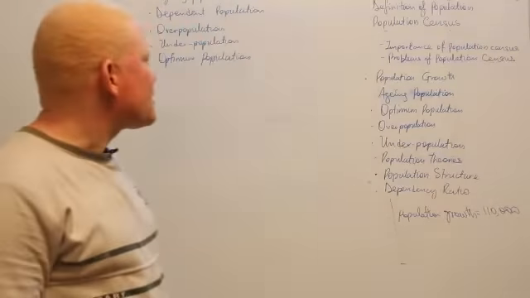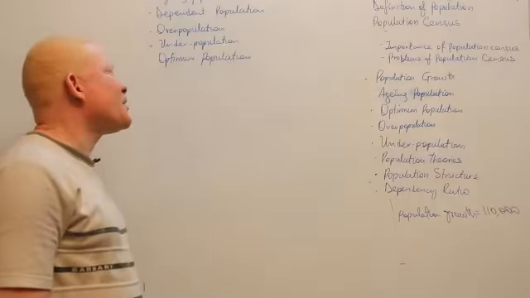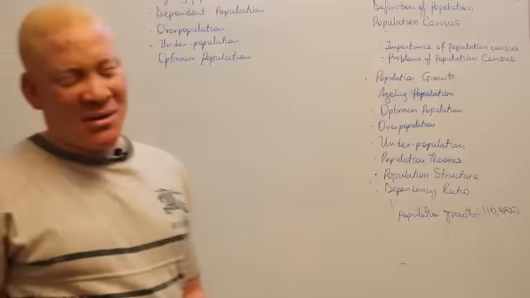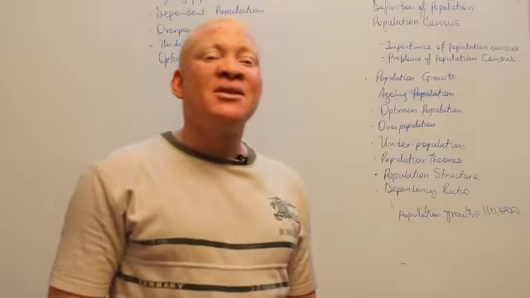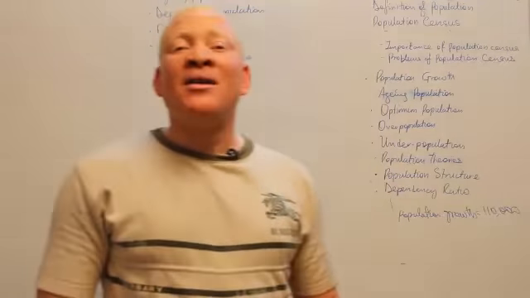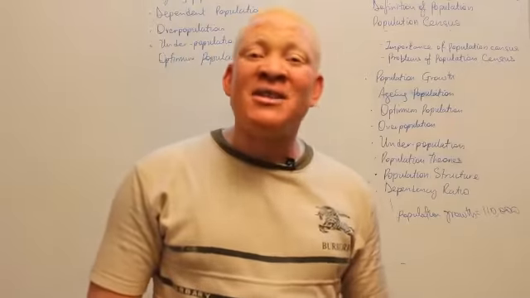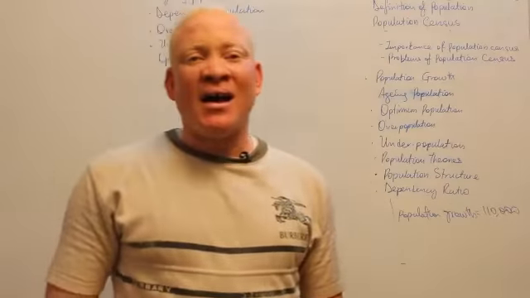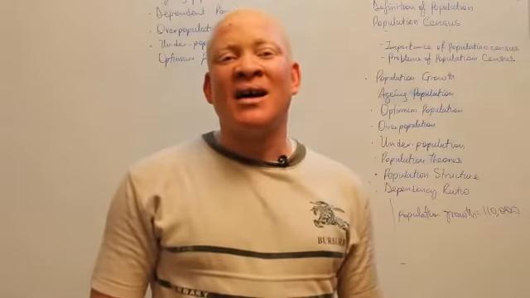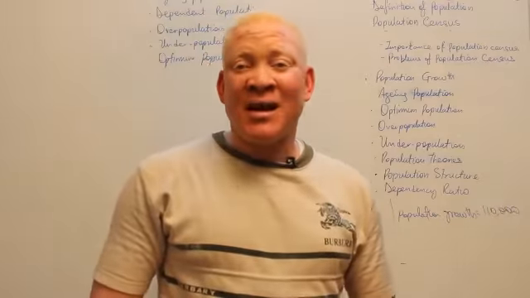Now the next one we talk about is a dependent population. A dependent population is a type of population in which the proportion of dependents is more than the ones that are working, that are active.